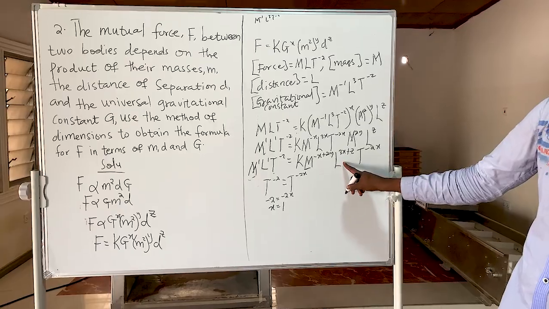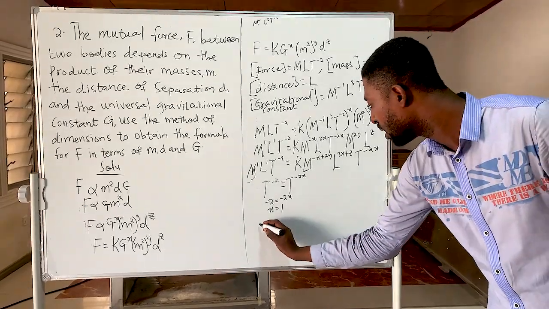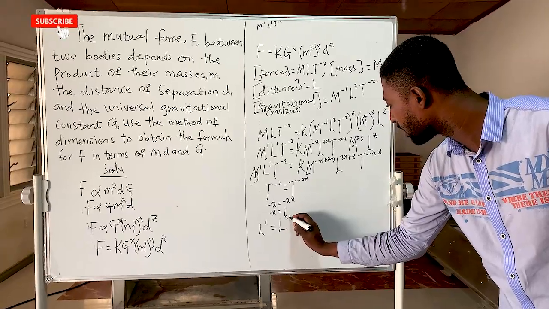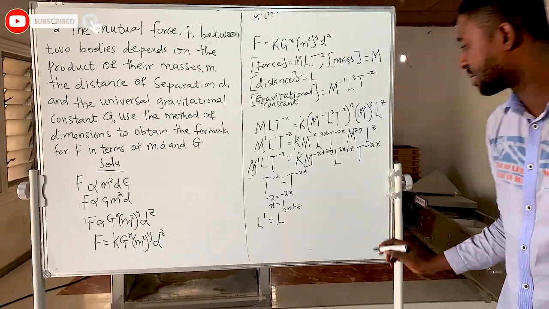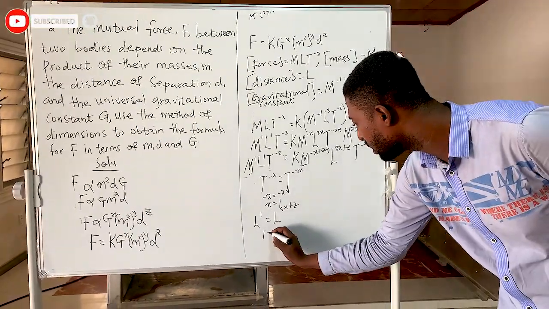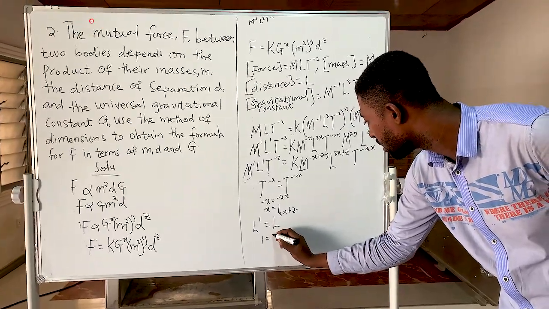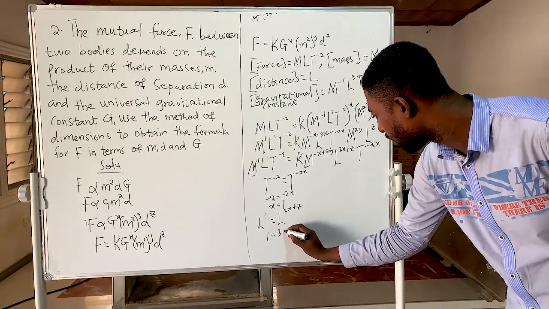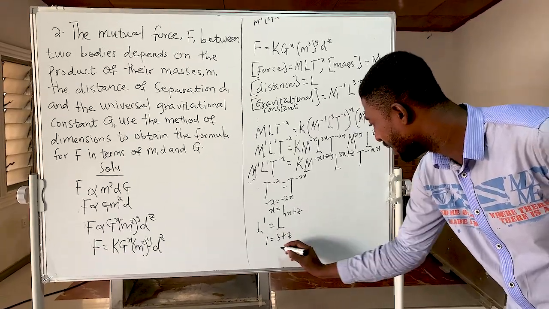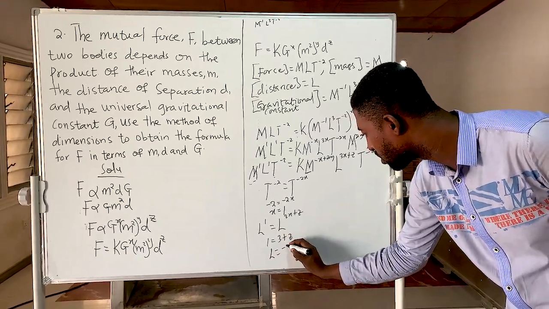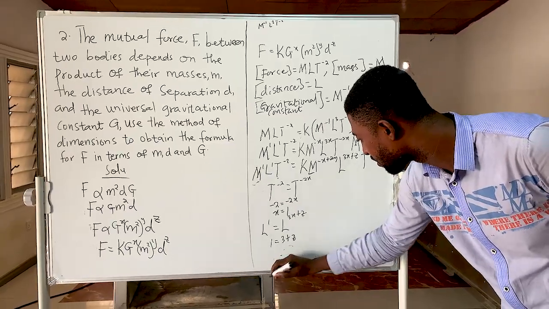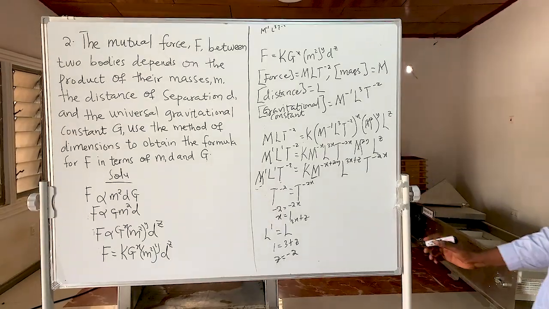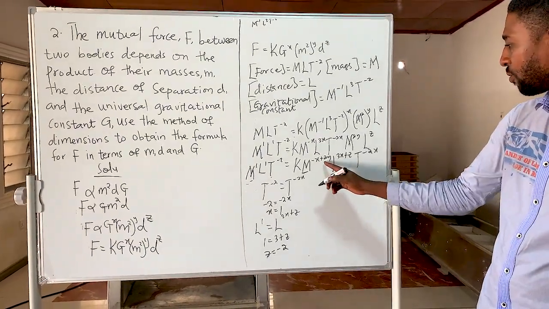Then we can move on to the L. Here, L raised to the power 1 is equal to L raised to the power 3x plus z. So we are going to have 1 equal to 3x plus z. Remember, x is 1, so z will be equal to minus 2.